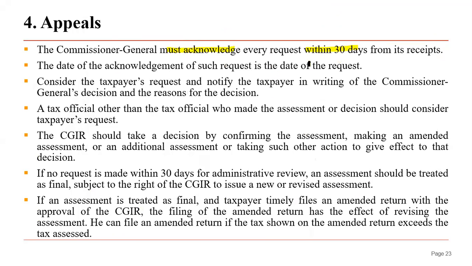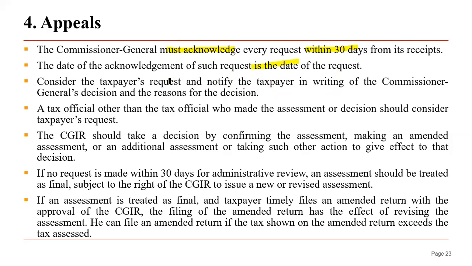Commissioner General will acknowledge basically, but if the Commissioner General acknowledges the date of submission, the chop seal date, we can consider that as acknowledgement, right? That one we discussed. Commissioner General notifies the taxpayer in writing the decision and the reason for his decision.